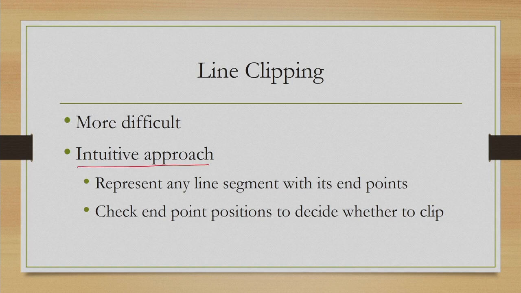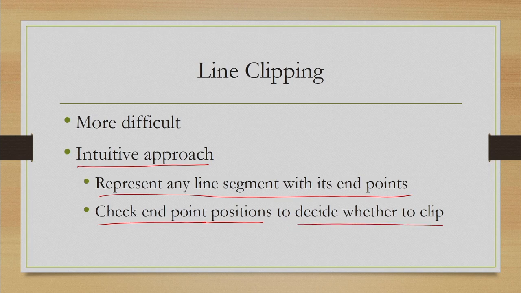We can represent any line segment with its endpoints, and then we check the endpoint positions to decide whether to clip or not. For each endpoint we apply the point clipping approach to check whether it is within the boundary or not, and after checking both endpoints we can come to a conclusion whether the line is within the window or not.